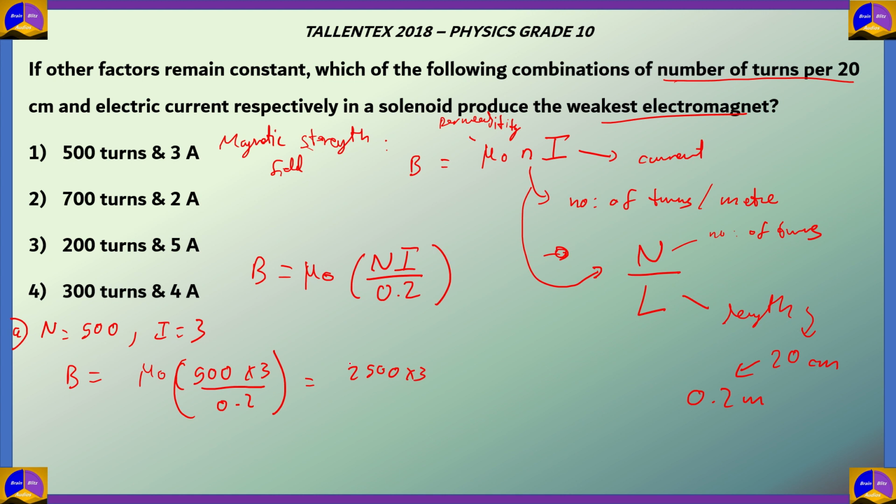And when you multiply that by 3, you get 7,500 mu naught. So this is the value of the magnetic field strength according to option 1. Is it going to be the lowest? Let's check out the rest.